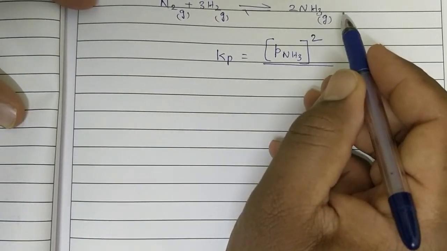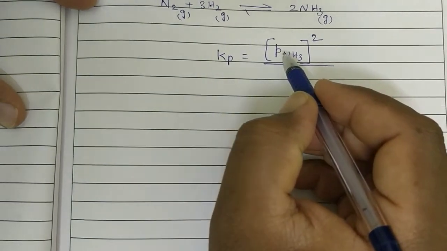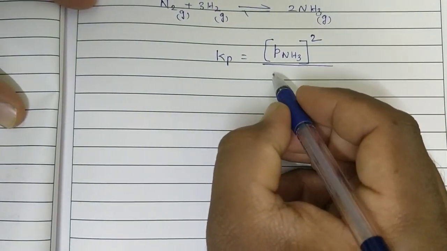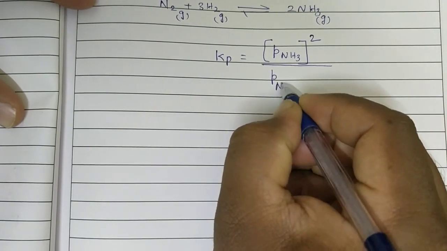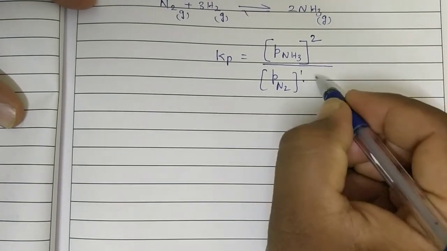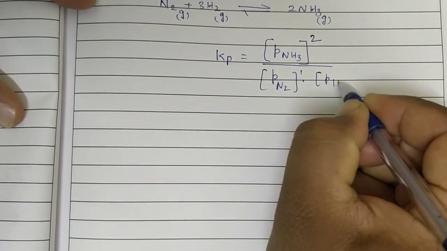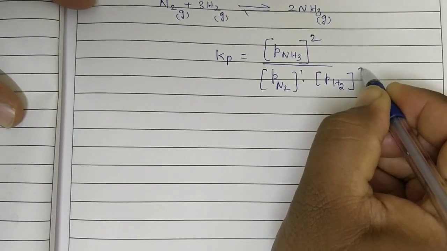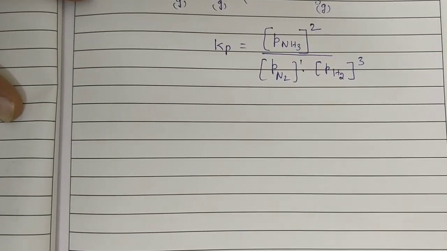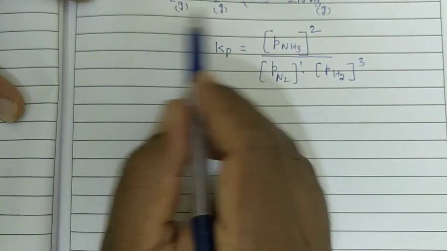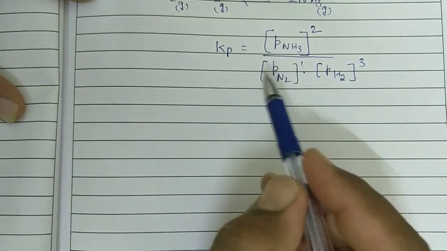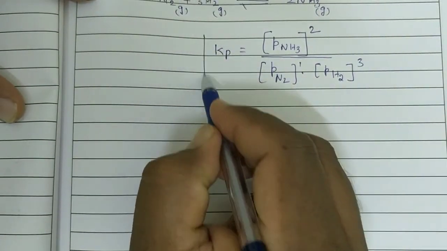Here we have only one product, so I wrote partial pressure of NH3 raised to the power of 2, divided by partial pressure of N2 raised to the power of 1 into partial pressure of H2 raised to the power of 3. For this equilibrium condition, this is the Kp value.